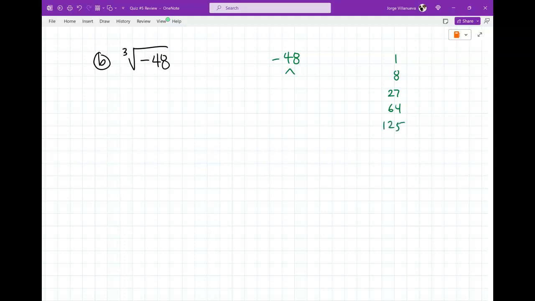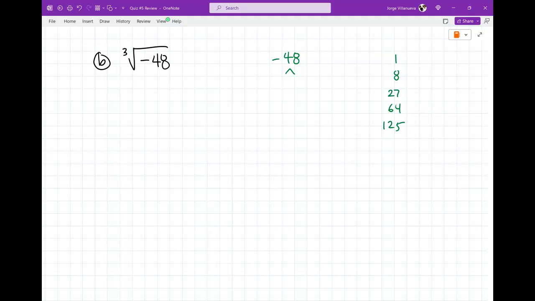We found out yesterday that's actually a good option too, right? Those numbers, 1, 8, 27, 64, and 125, those have cube roots. The cube root of 1 is 1, the cube root of 8 is 2, the cube root of 27 is 3, right? Cube root of 64 is 4, the cube root of 125 is 5.